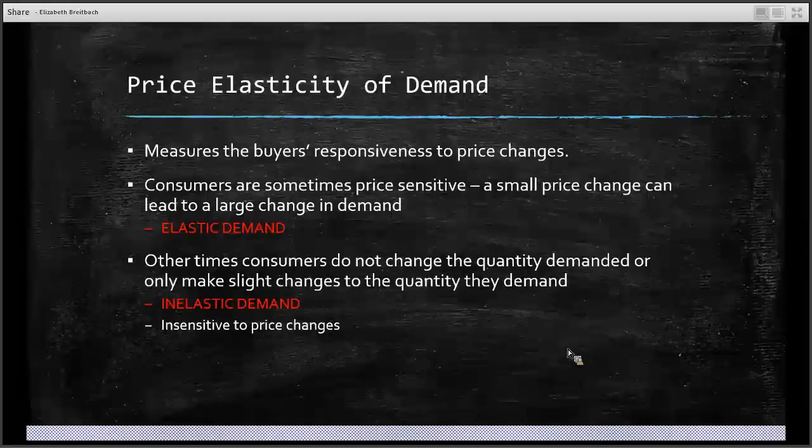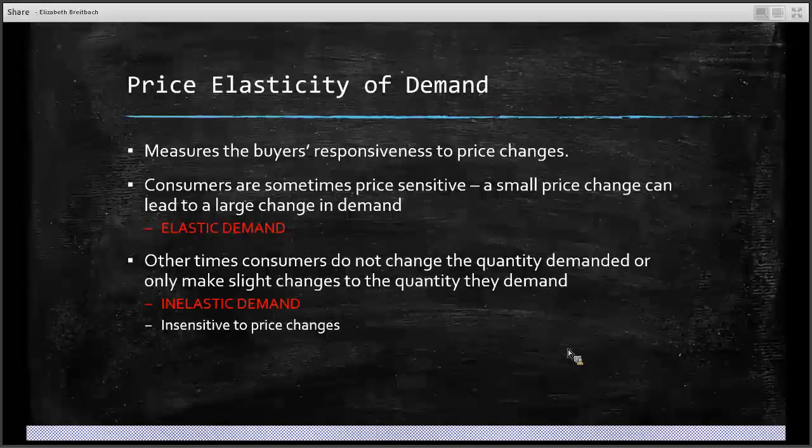On the other hand, sometimes consumers don't change the quantity they demand, or they only make slight changes. We call that inelastic demand. Those consumers are not sensitive, or they're insensitive, to price changes. They don't really notice when price changes, and when they do, they don't really change their behavior. It's not like they stock up and have all kinds of extra lying around.